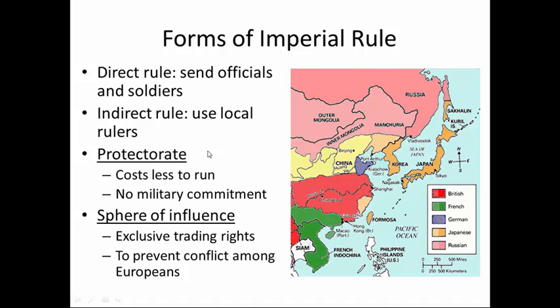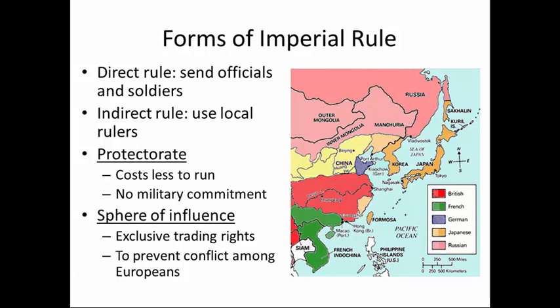Now, the other two things we need to look at are a protectorate and a sphere of influence. A protectorate is not a colony at all. That area is still autonomous, it is still independent, but it has an advisor from the more powerful country pretty much whispering instructions in the ruler's ear all along, and making sure that what that country does is in the best interests of the bigger, more powerful country.